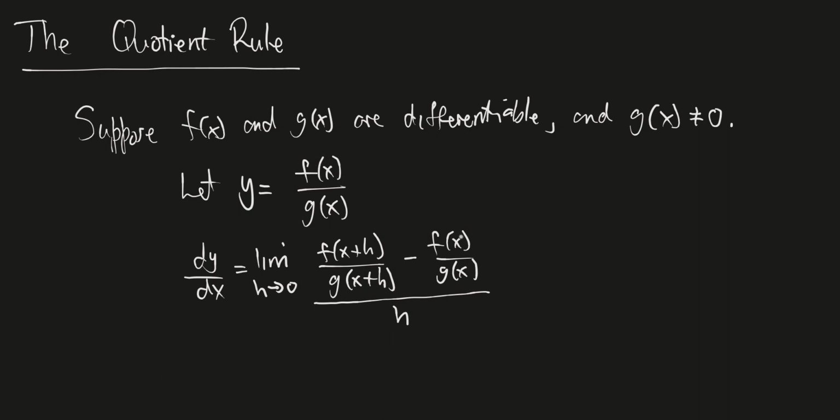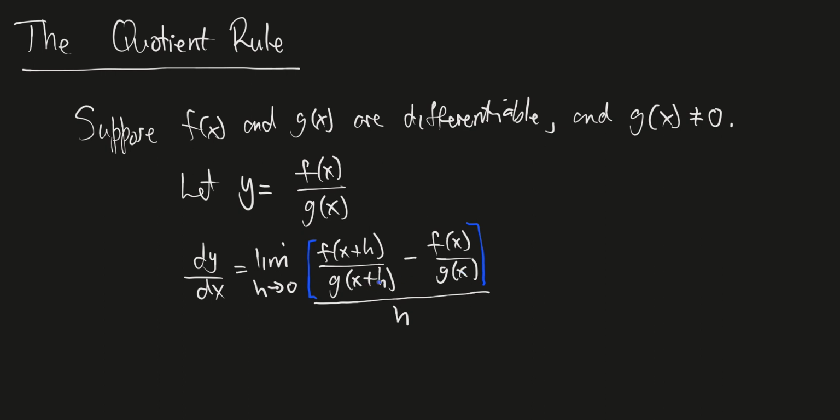Well, we typically don't like to see fractions within fractions. So we're going to have to do something to clear these fractions. And one thing we can do is to multiply the top and the bottom by a certain quantity. So I'm going to multiply the top by the common denominator here.